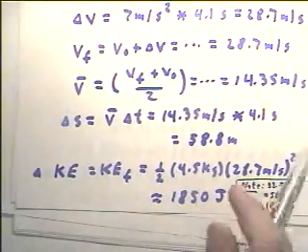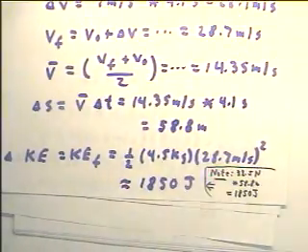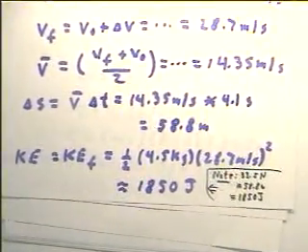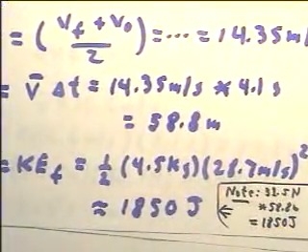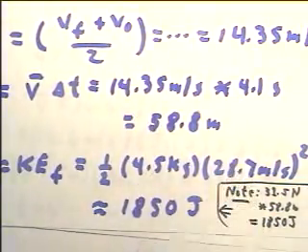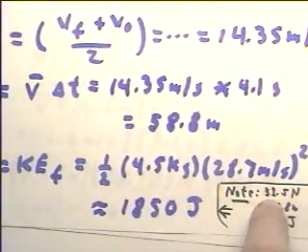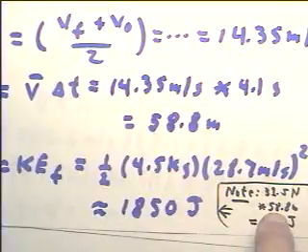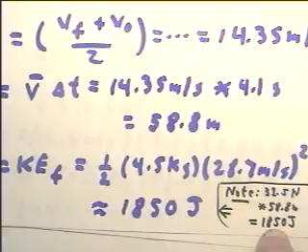Now there's a side note here, and maybe we will zoom in on this a little bit so we can see clearly what the side note says. The side note simply says that we calculated the final kinetic energy from the mass and the final velocity, but this is also equal to the 31.5 newton force multiplied by the 58.8 meter displacement, or the 1850 joules of work done on the object.